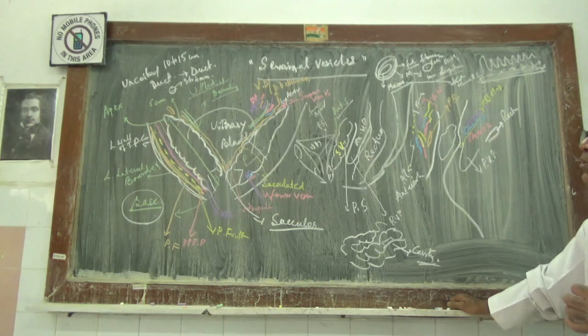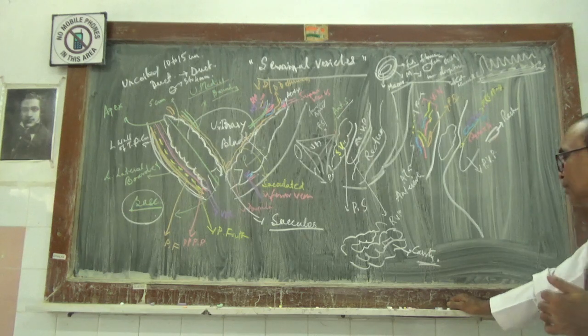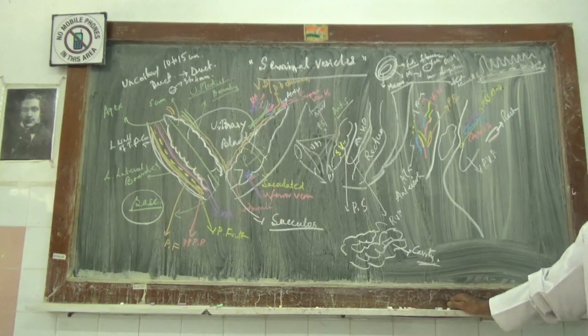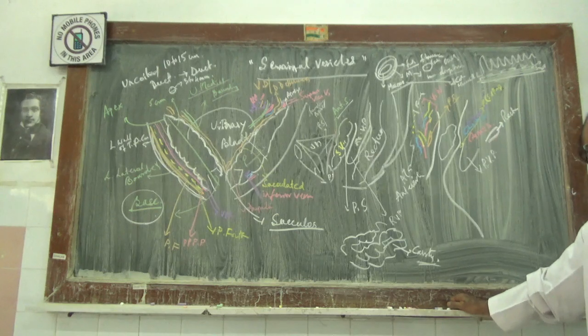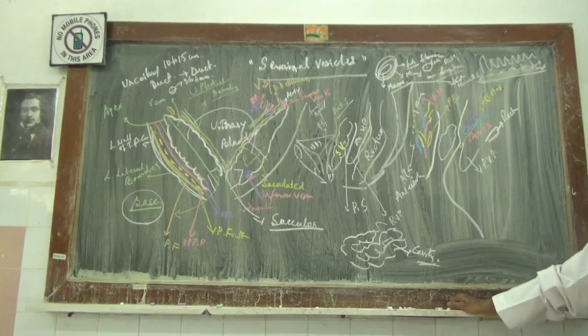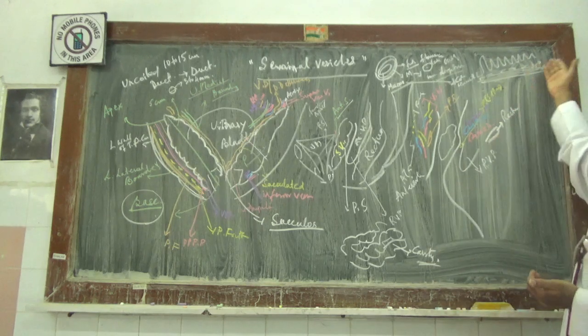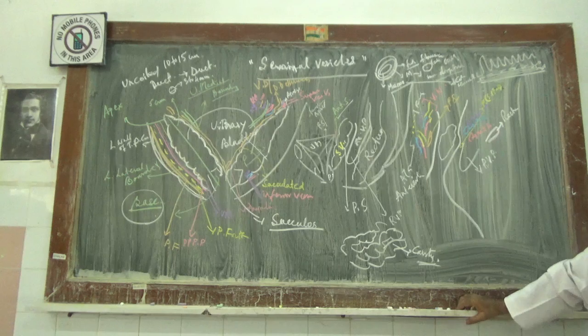Malignancy is what you call cancer. Then you may get tuberculosis of the seminal vesicles. Then you may get inflammation of the mucosal lining of the seminal vesicles. So that is called seminal vesiculitis.